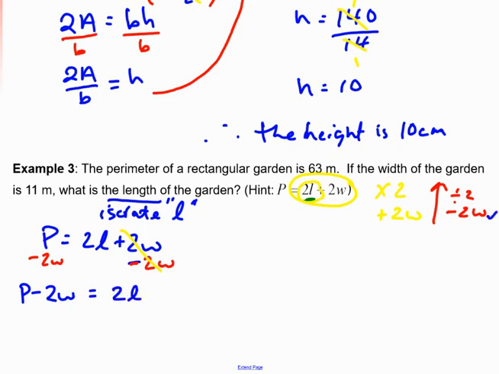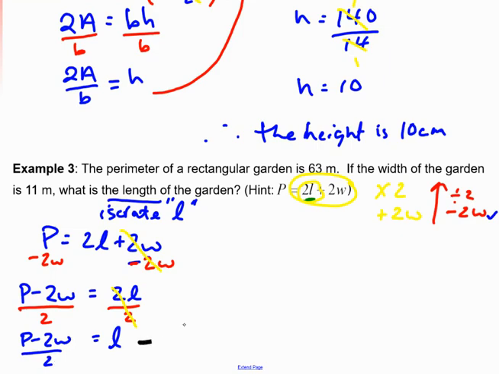All right, that step is done. Next, we want to divide by 2 on both sides. All right, so we'll cancel those 2's. We have length will equal P minus 2W over 2.